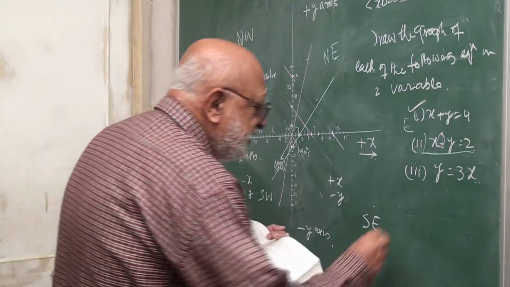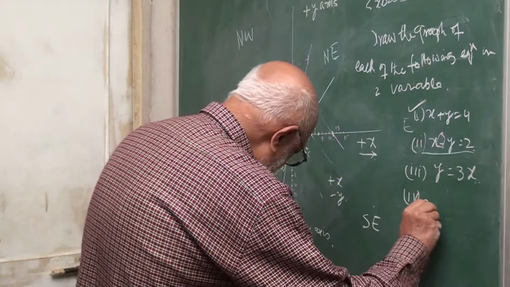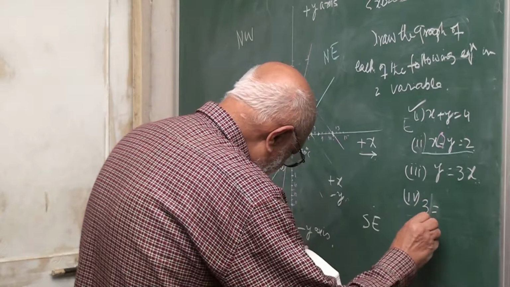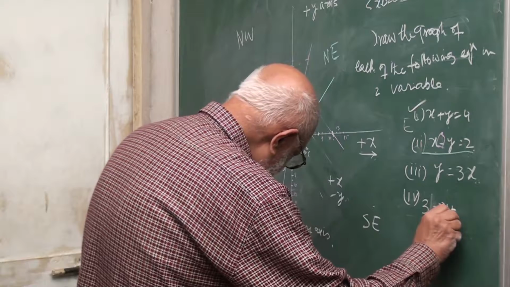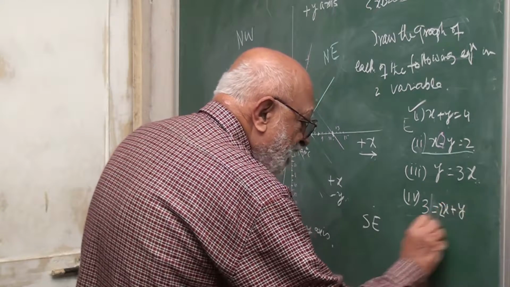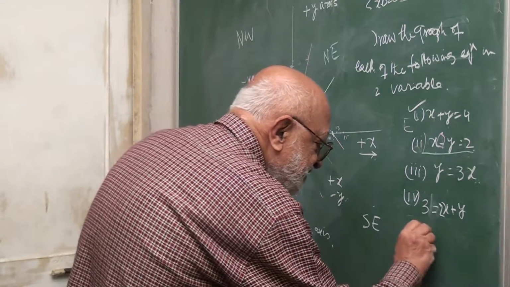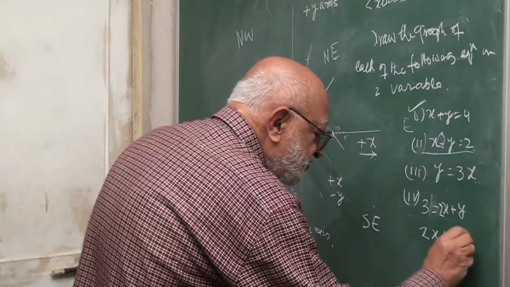This is given as 3 plus 3 equal to 2x plus y. So I can write it as 2x plus y equal to 3.